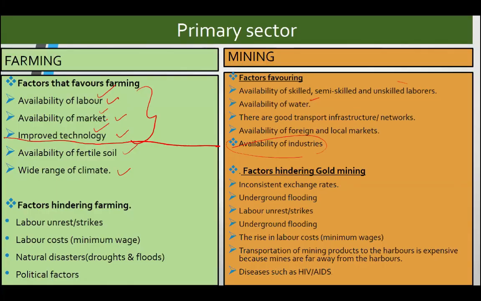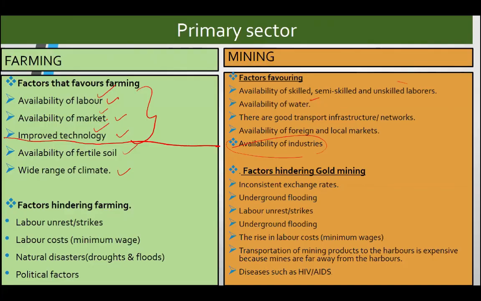So you can use these factors interchangeably when you're looking at factors that favor farming and mining, except if you are writing a question based on an extract, and the question is about the factors that favor mining according to the extract. So you should also check what the question is requesting of you. But if the question is open-ended, you can use these factors interchangeably.